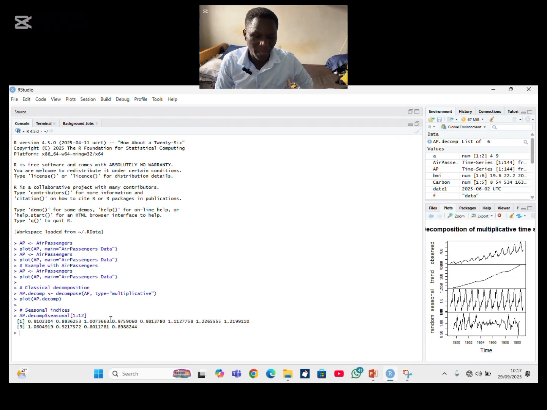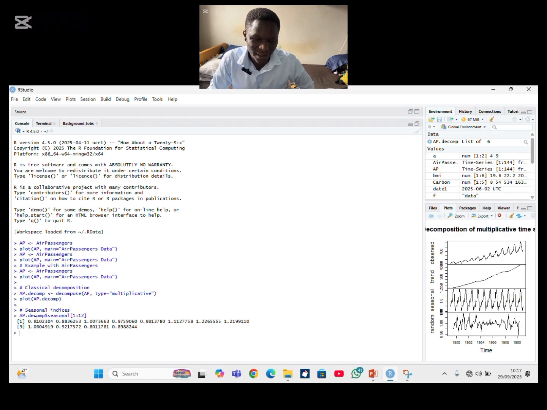If your seasonality factor is greater than 1, you get the 1.00736663 minus the 1. But if it is less than 1, you get 1, the figure, minus your seasonality factor.